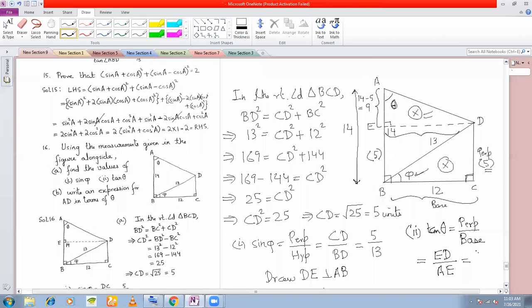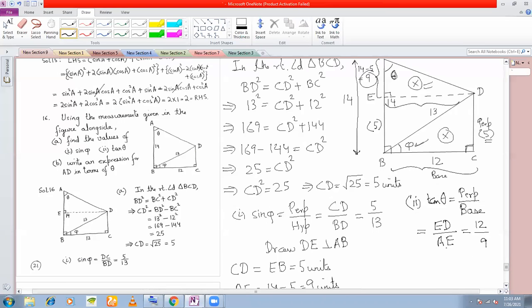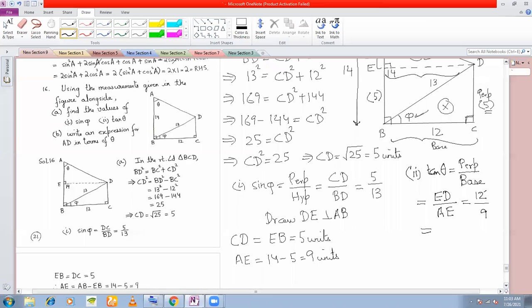So ED is equal to 12. And AE we found out to be 9 units. So the second part is tan theta is equal to 4 by 3. Okay. Any question till this part?